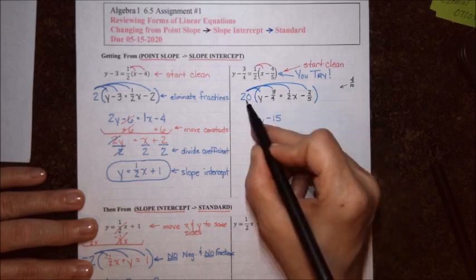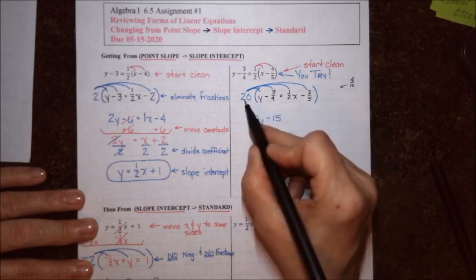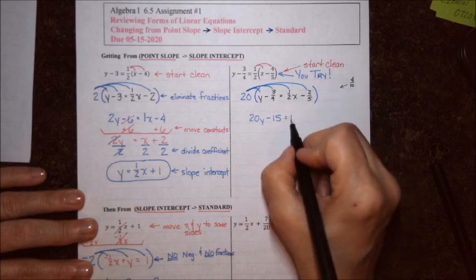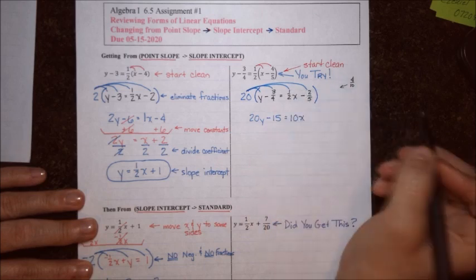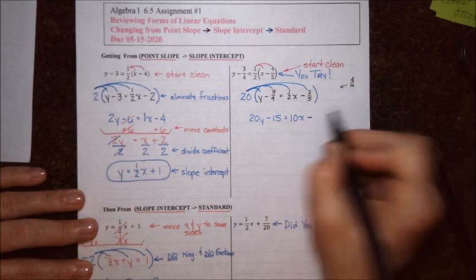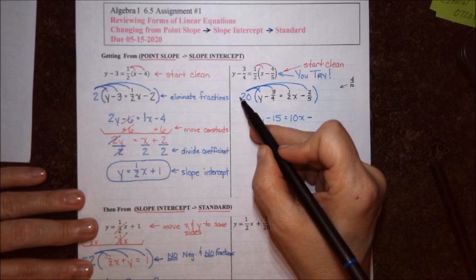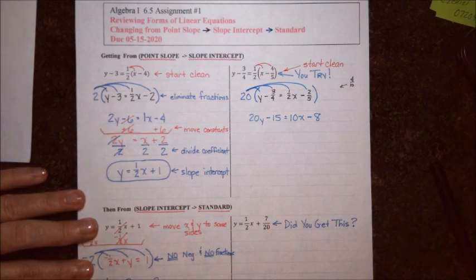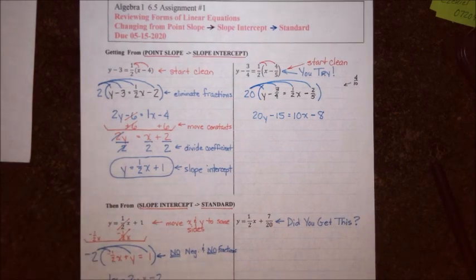Half of 20 is 10, or 2 into 20, 10 times. 10 times 1 is 10. Coming along nicely. We know that's going to be negative. 5 into 20, 4 times. 4 times 2, 8. Now we've gotten rid of all those nasty fractions and cleaned it up really nice.